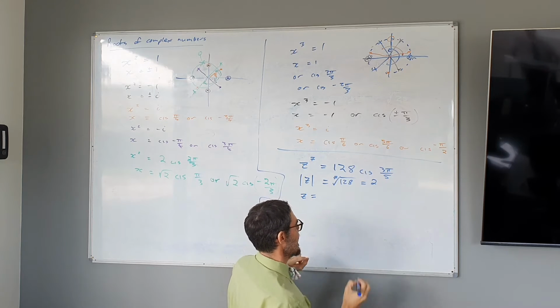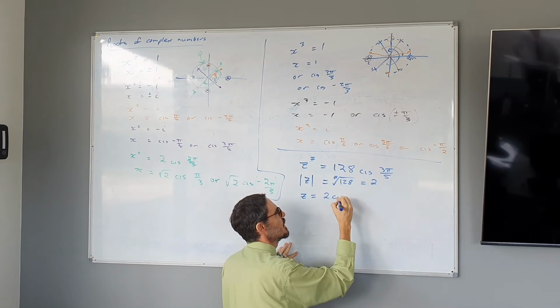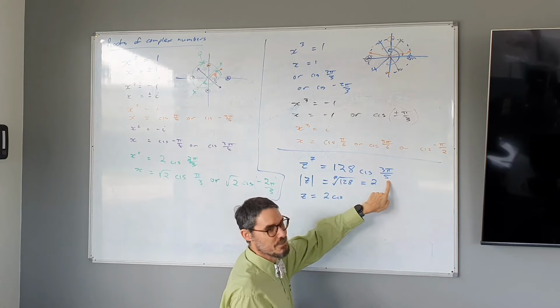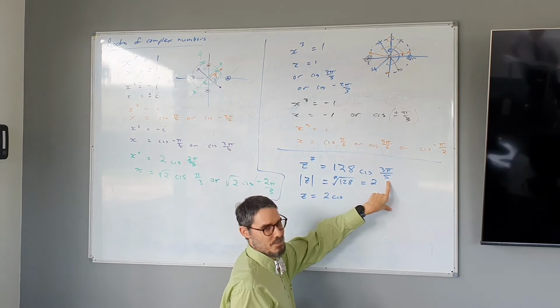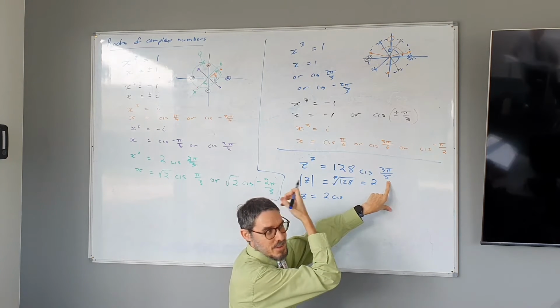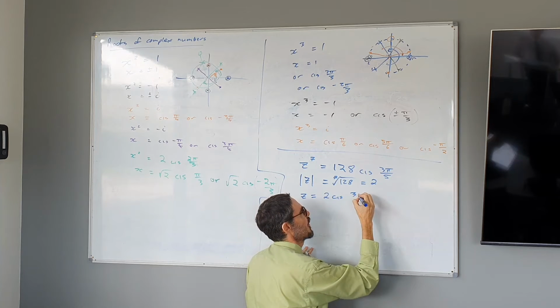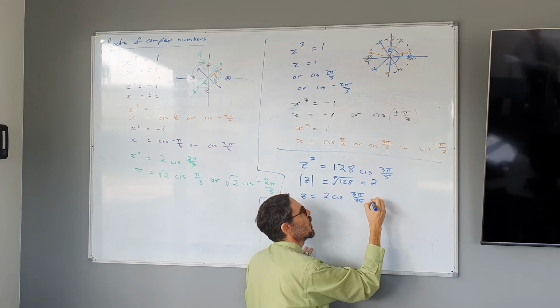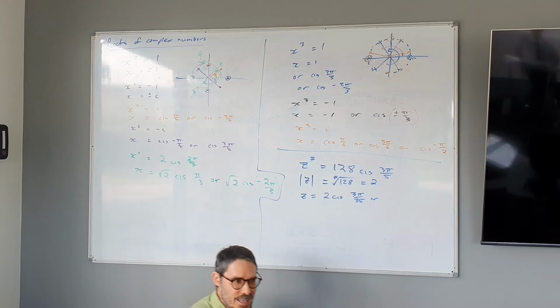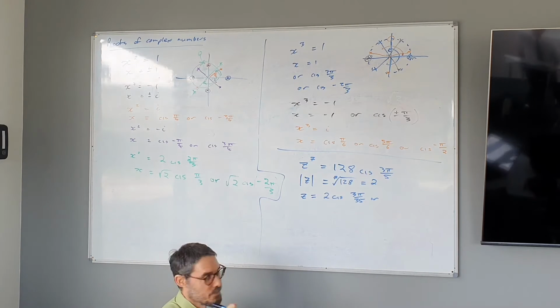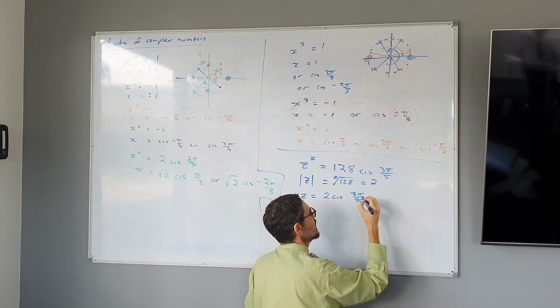So z could be 2 cis what? 3 pi on 35. Or 13 pi on 35. Now what am I adding each time? You know, I can write a general solution.